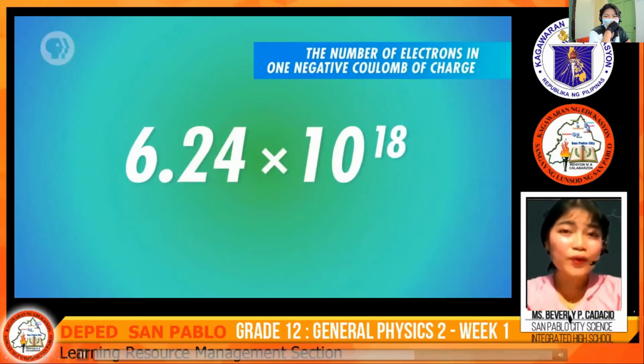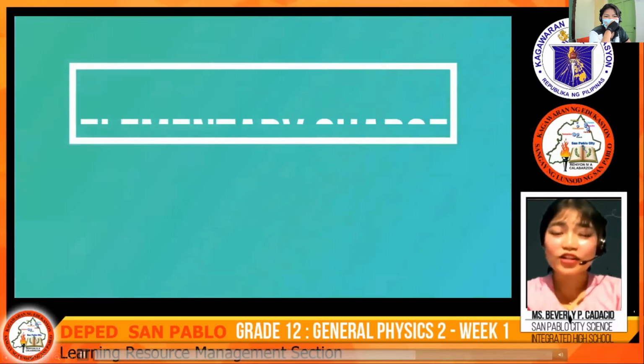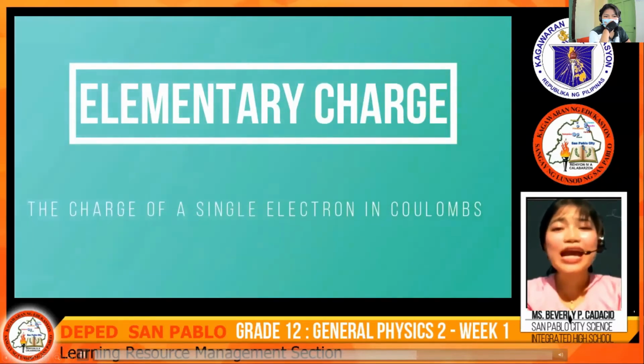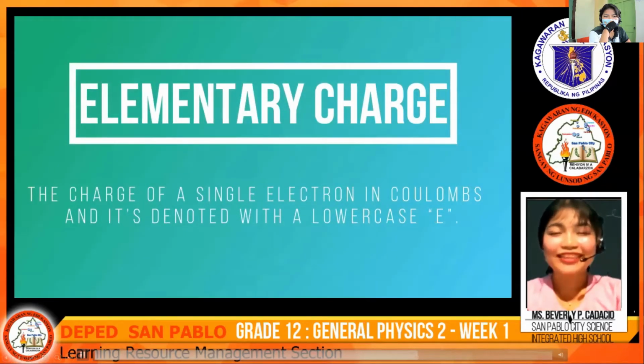This value, or the charge of a single electron in coulombs, is known as the elementary charge, and it's denoted with a lowercase e. We'll use this notation a lot when talking about protons and electrons, since protons have a charge of positive e and electrons of negative e.